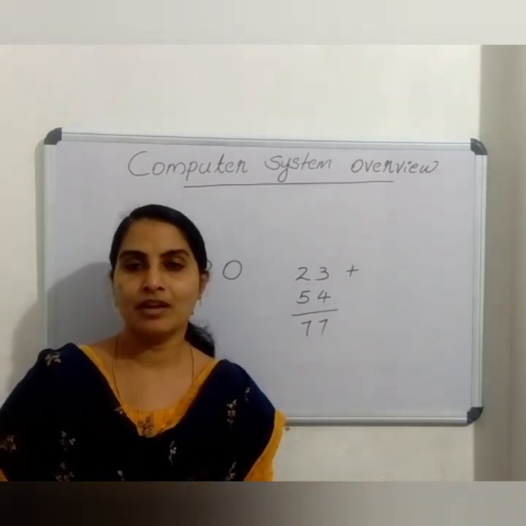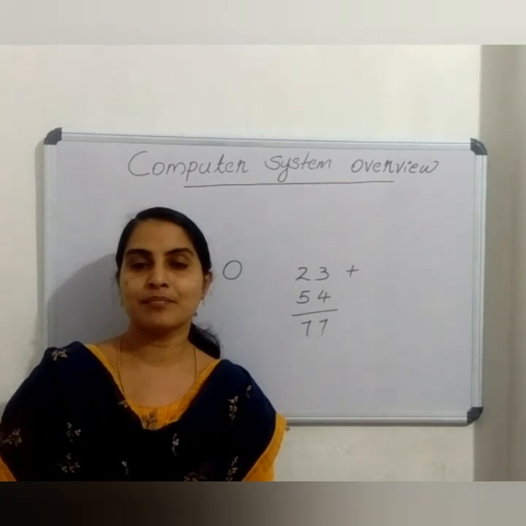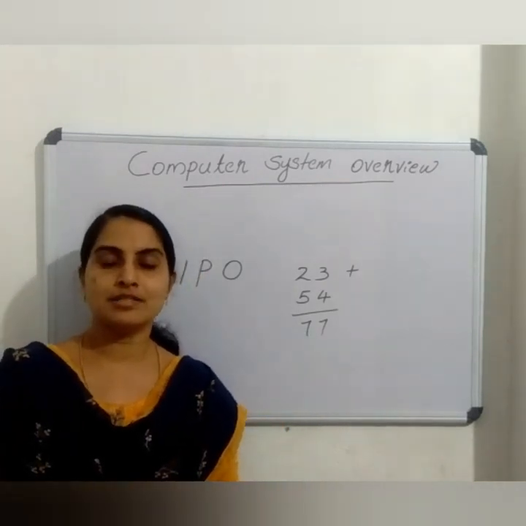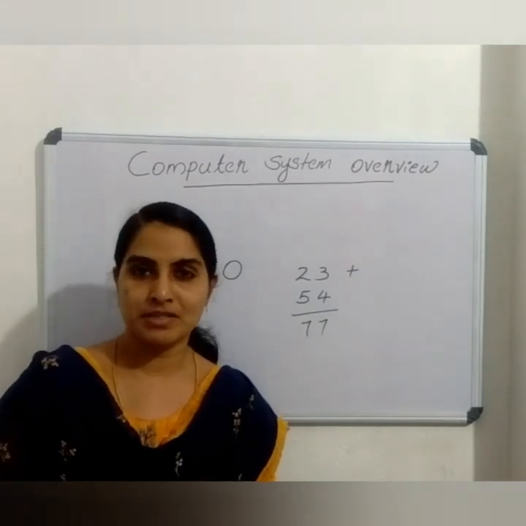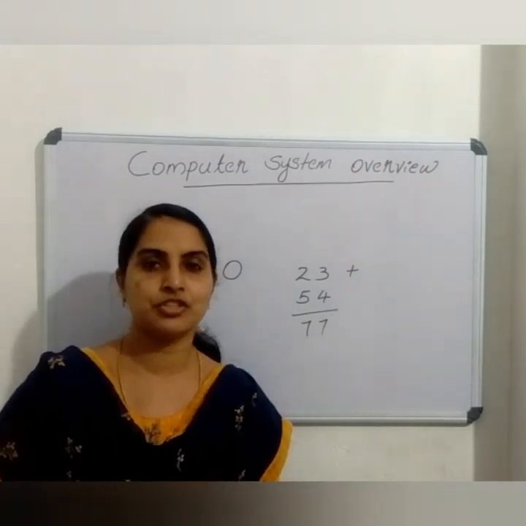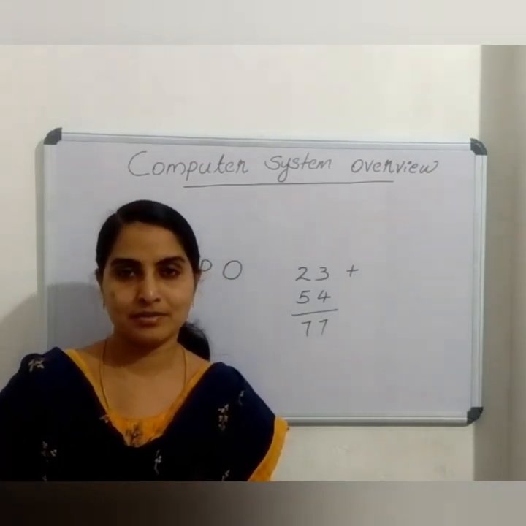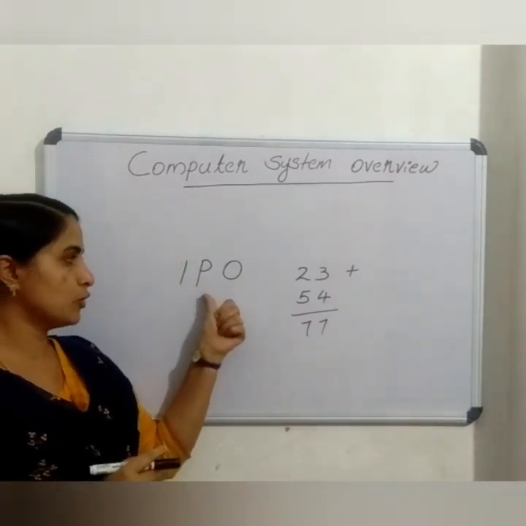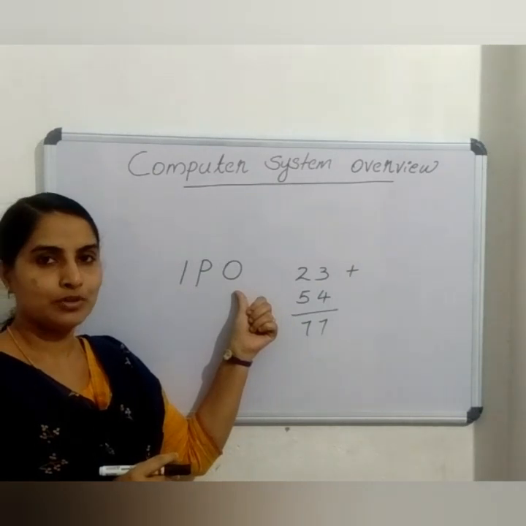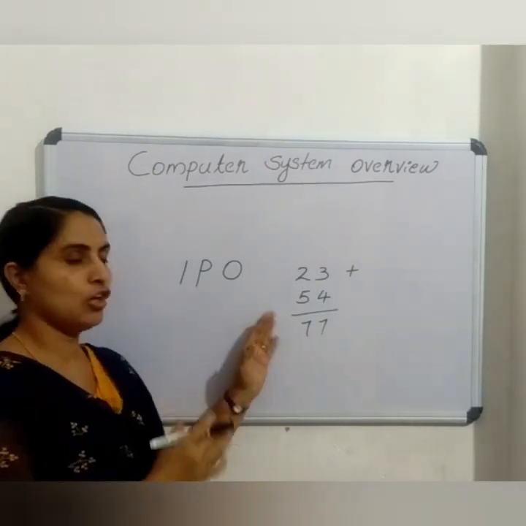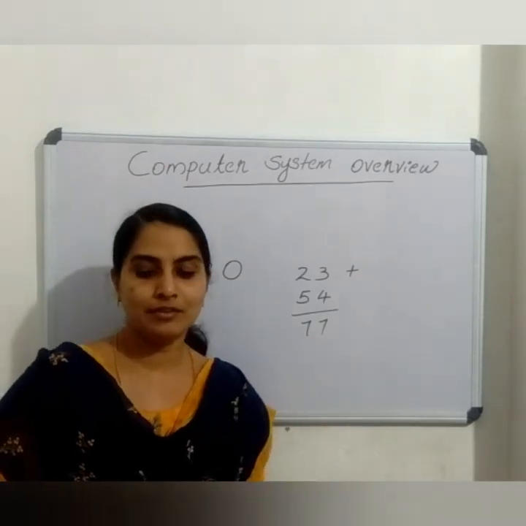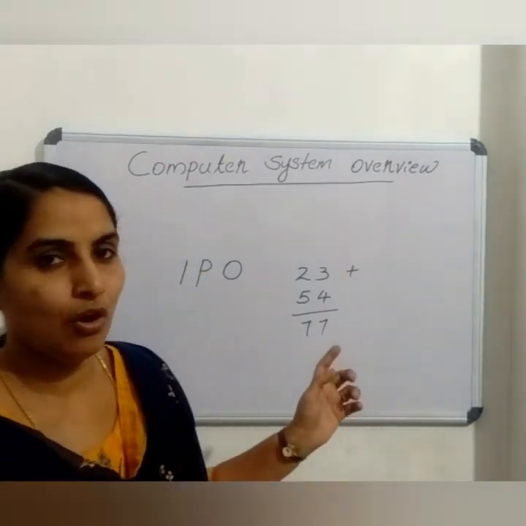That may vary. If there is sufficient balance, it will provide you the money. Otherwise, it will give you some message like insufficient account balance. I think this section is clear: what is input, what is process and what is output. So this is called the IPO cycle. So all computers are connected with this IPO cycle.